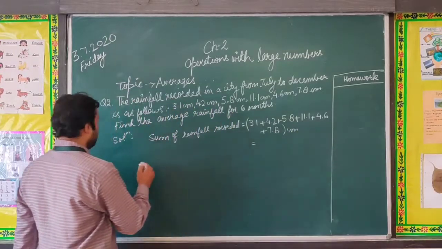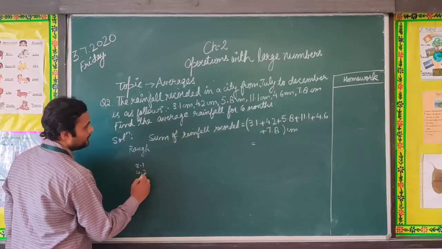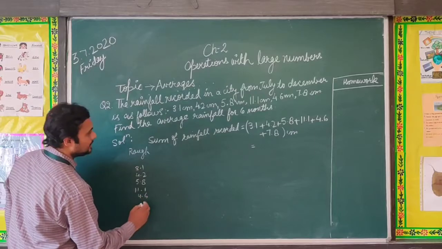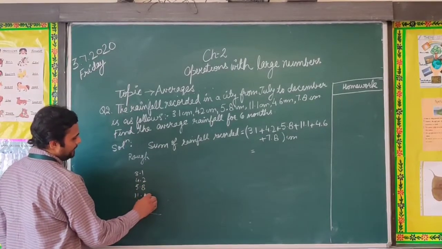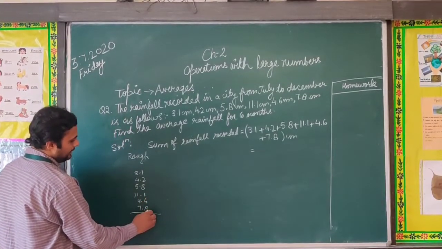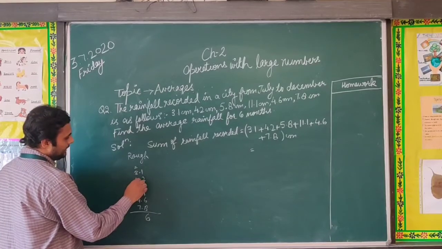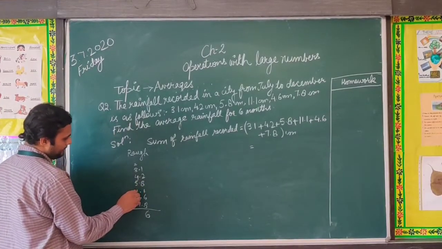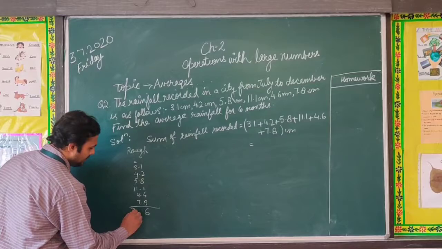Do the calculation in rough. 1 plus 3, 3 plus 8, 11, 11 and 1, 12, 12 plus 6, 18, 18 plus 8, 26. 6 and 2, 2 plus 3, 5, 5 plus 4, 9, 9 plus 5, 14, 14 plus 11, 25, 25 plus 4, 29, 29 plus 7, 36.